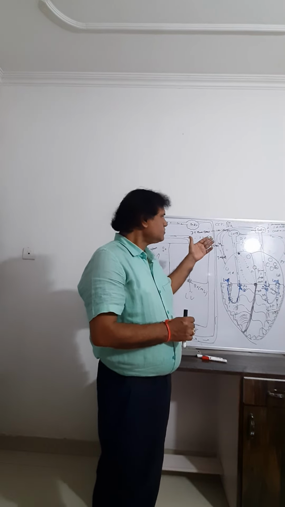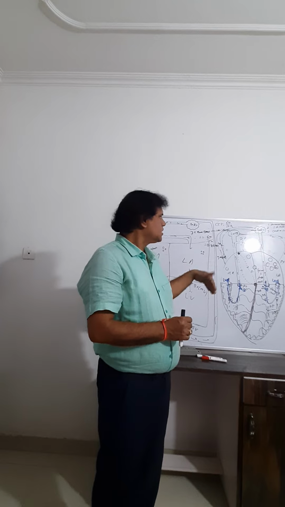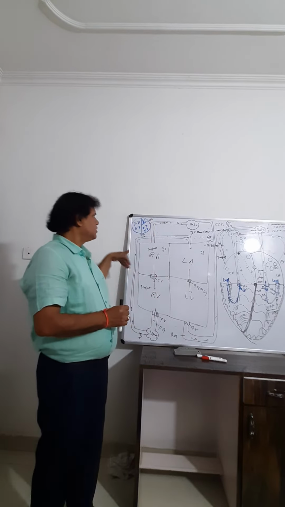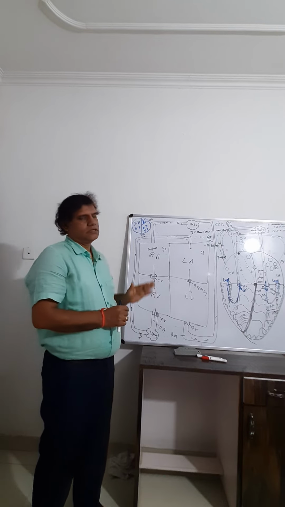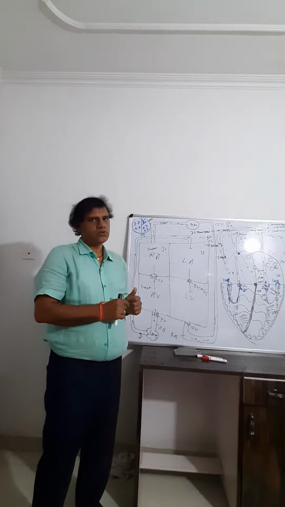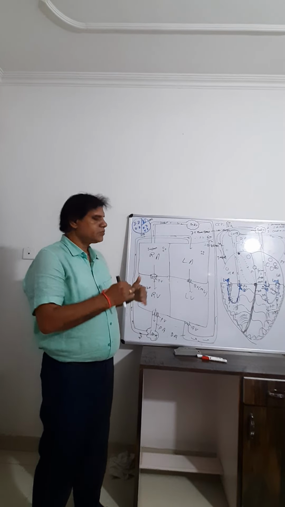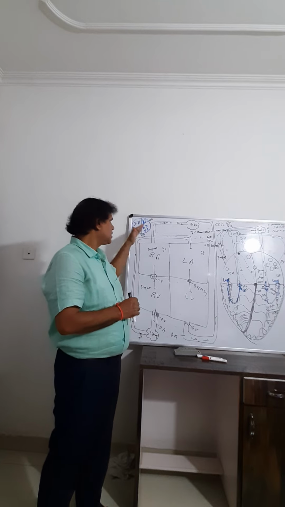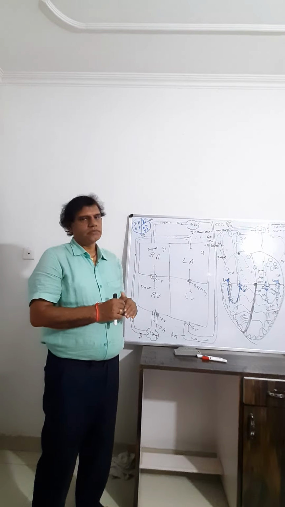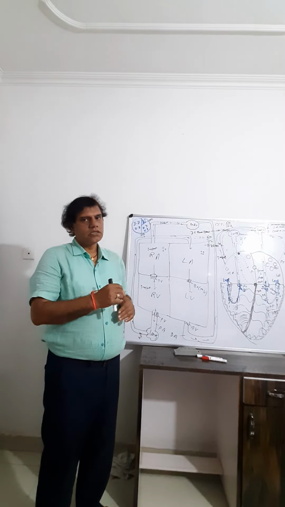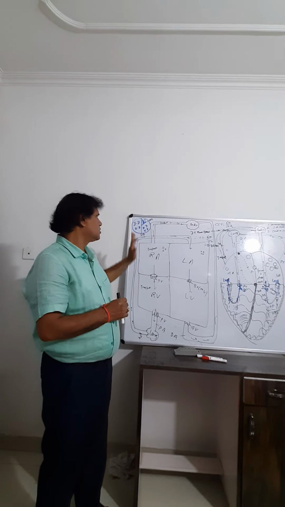And this cardiac cycle is divided into 3 parts: joint diastole, atrial systole and ventricular systole. And there is a production of 2 types of sound, that is lub and dub. So lub is produced at the beginning of ventricular systole, and dub is produced at the end of ventricular systole.